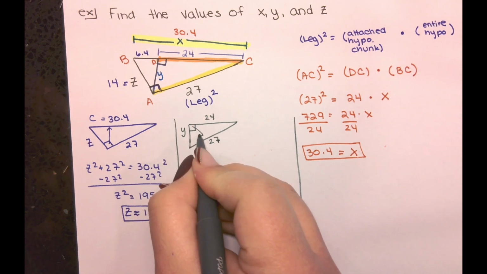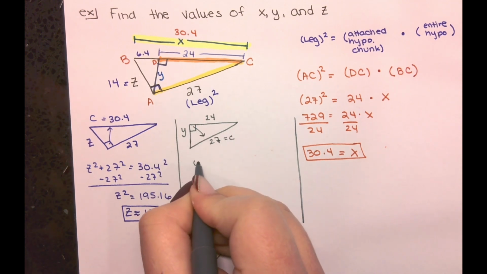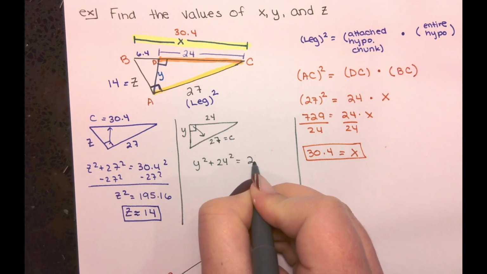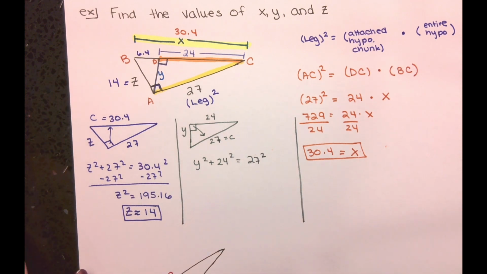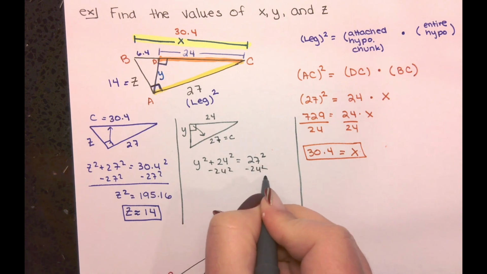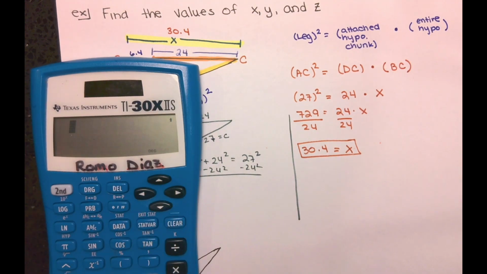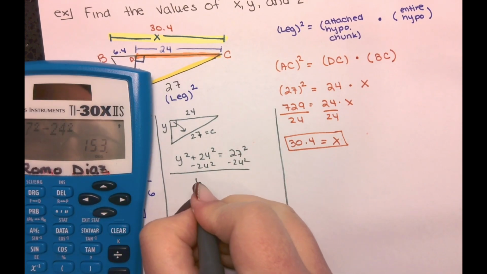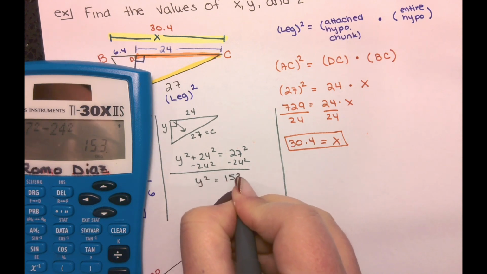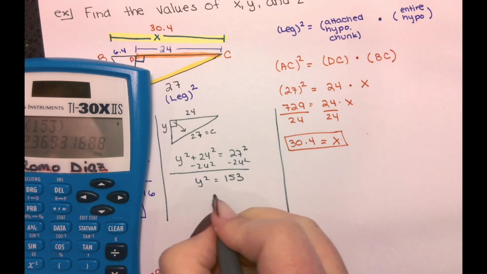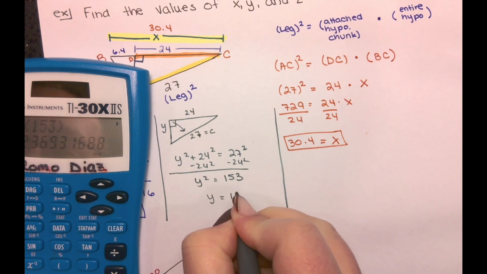So we have, careful with your c, y squared plus 24 squared is equal to 27 squared. Subtract the 24 squared. 27 squared minus 24 squared, we get 153, which again is going to give us an icky number of about 12.4.